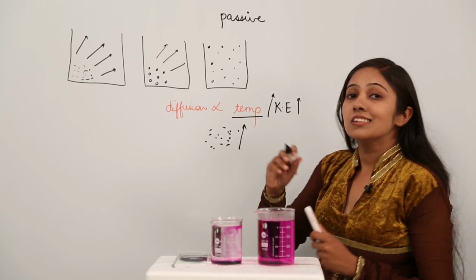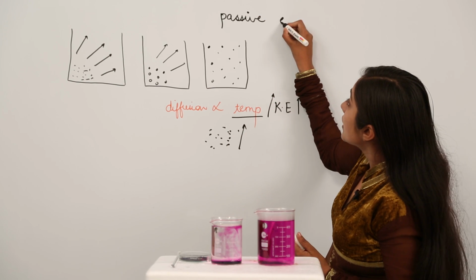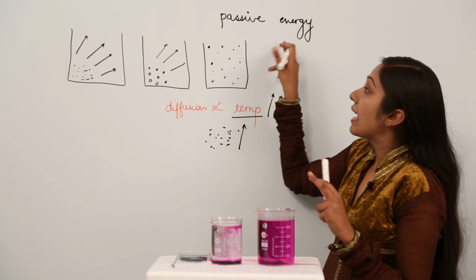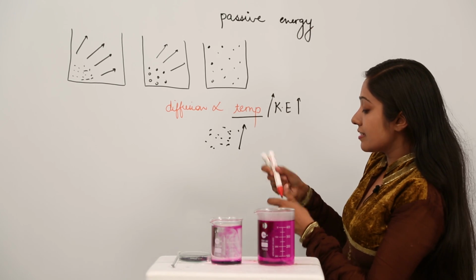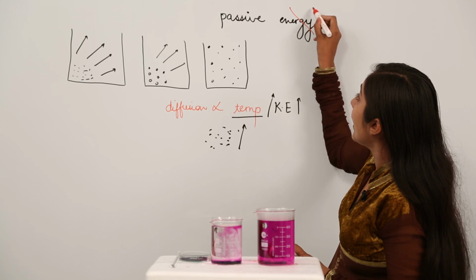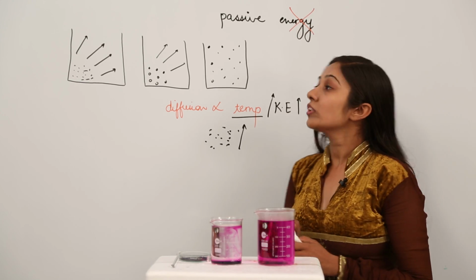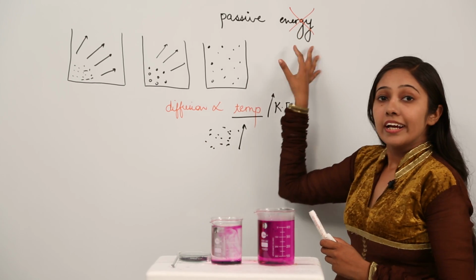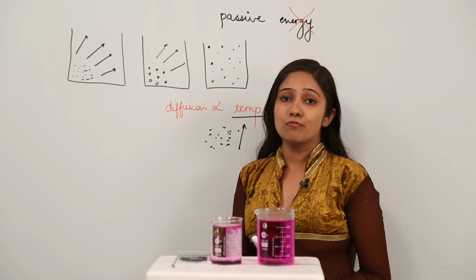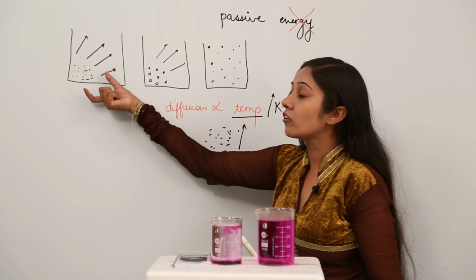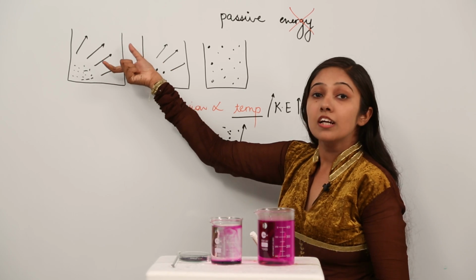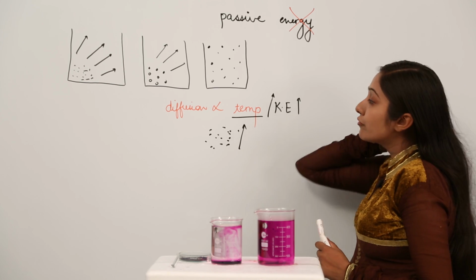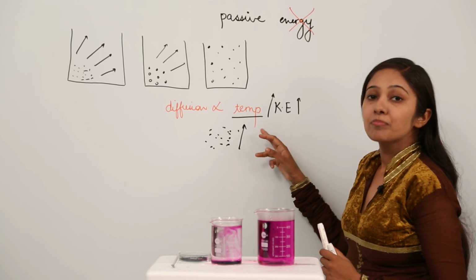A passive process is a process in which there is no energy involvement. So this diffusion process does not need any energy. It is just the random movement of molecules from the region of higher concentration to the region of lower concentration.